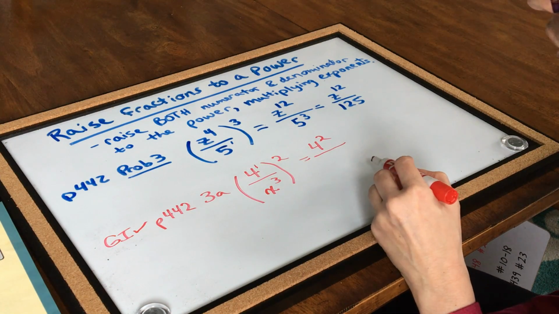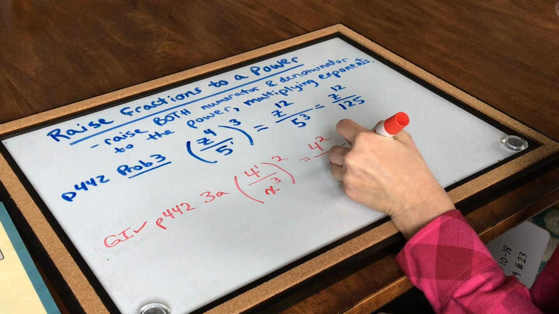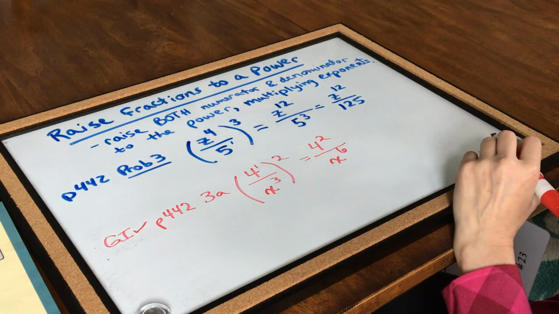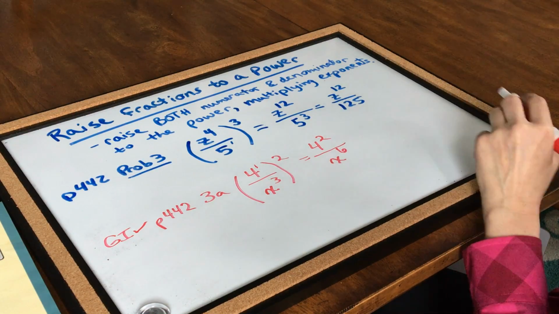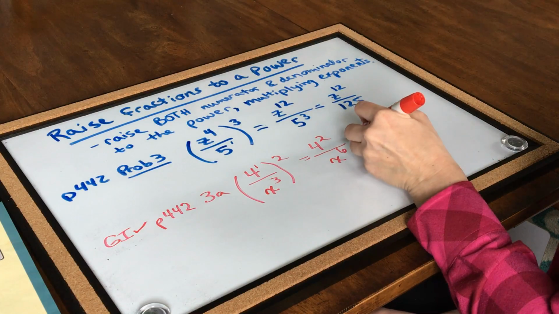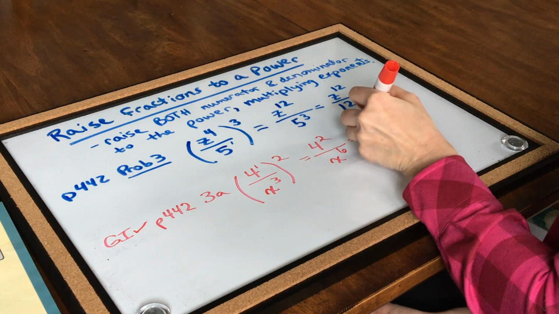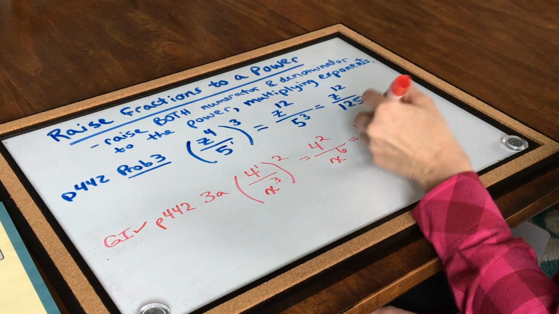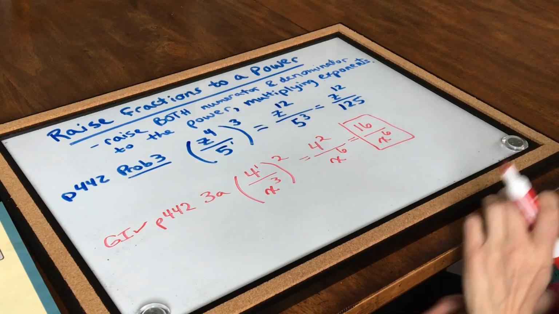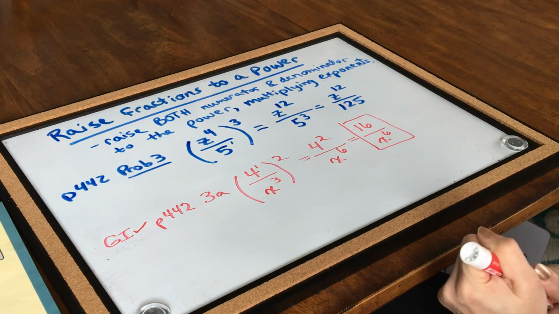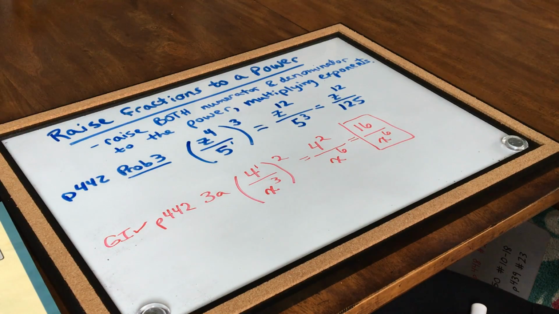Again, I'm going to multiply exponents. 3 times 2 is 6, so my denominator is x to the 6th power. Again, mathematicians consider it bad form to leave that 4 just squared. So I'm going to square it. 4 times 4 is 16. So I have 16 in the numerator and x to the 6th in my denominator. And that is my final answer. I'm all simplified with positive exponents and the constant is multiplied out.